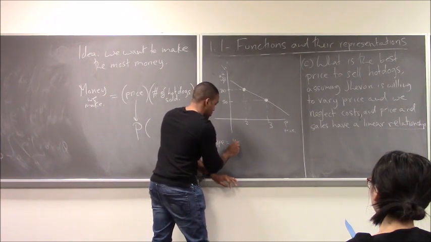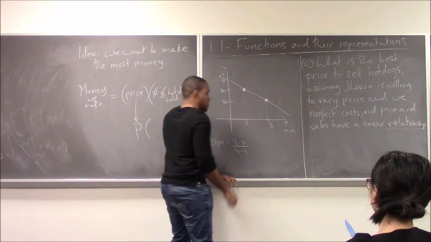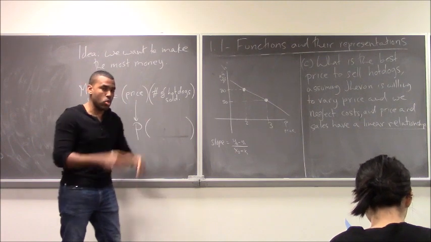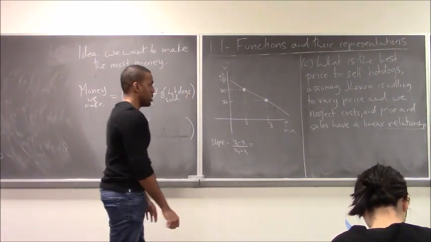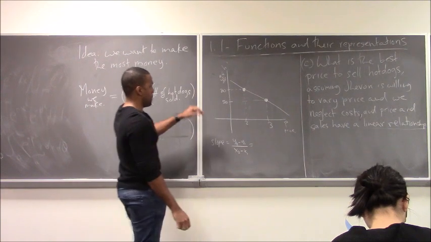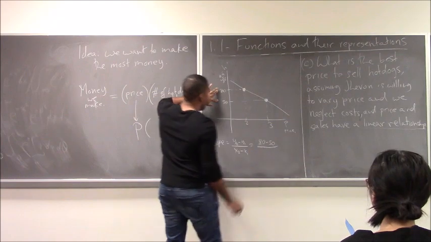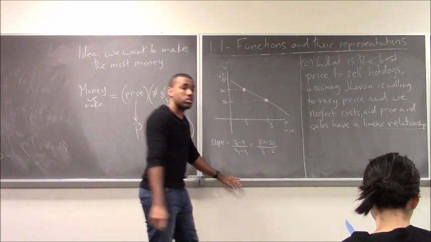What's the formula? Right, take the difference in the outputs, divide by the difference in the inputs, make sure you do it in the same order. So in this case, that would be what? 80 minus 50 divided by 3 minus 2. Right?